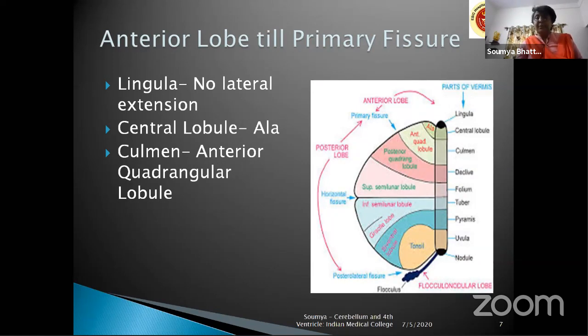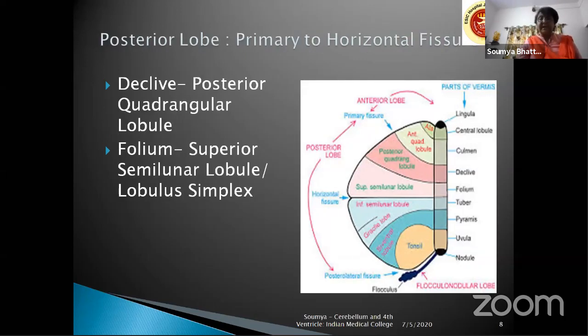Therefore, a quick recapitulation: lingula does not have any lateral extension. Central lobule has the ala. Culmen has the anterior quadrangular lobule. Then we have the fissura prima. So if you get a short note on anterior lobe, you have to write till this part.